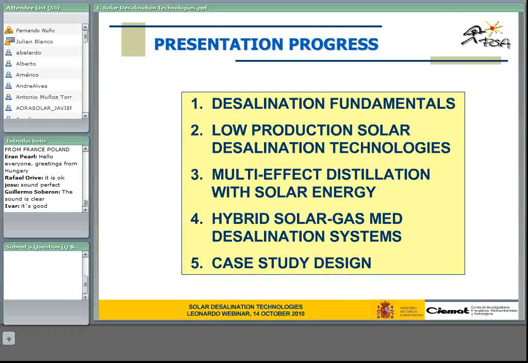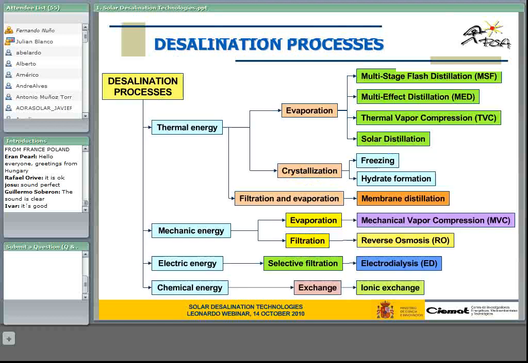So the first topic is about fundamentals of desalination. Here you can see a distribution of the different desalination processes, depending on the type of energy that we could use: thermal, mechanical, electrical, or chemical. We have a number of different processes, from evaporation and crystallization to filtration, and specific technologies associated with these processes.